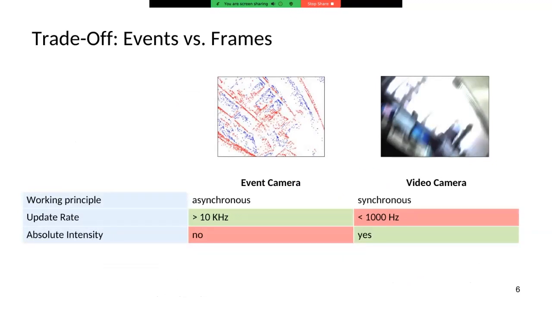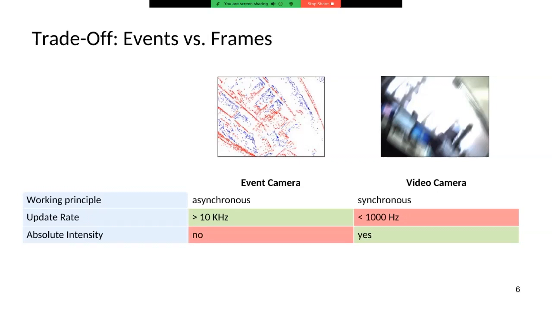And now we come to the part where, what is the point? Why do we need event cameras, or why should we care? The working principle of an event camera is quite different from a video camera, because events are triggered asynchronously, while a video camera gives you a fixed frame rate in a synchronous manner.